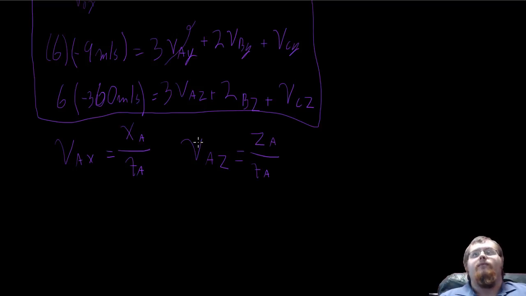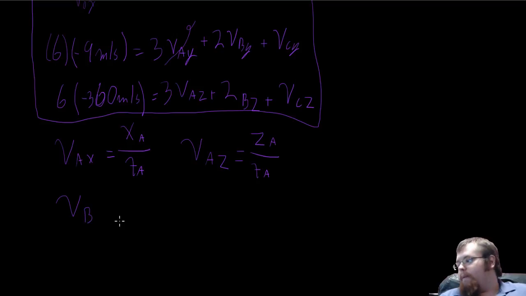At the same time, a piece is going to hit the wall at the same time, because it's the same piece, so we find a common variable, which is our TA here, and use that to condense our number of variables down to 3 variables. And we didn't have to use the velocity of a in the y direction because it ends up being 0, and 0 divided by anything is 0, so it's pointless.